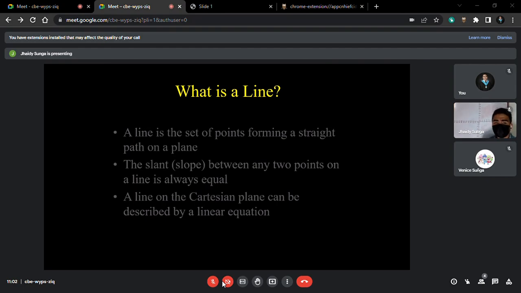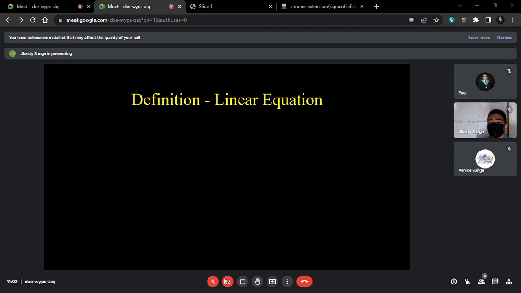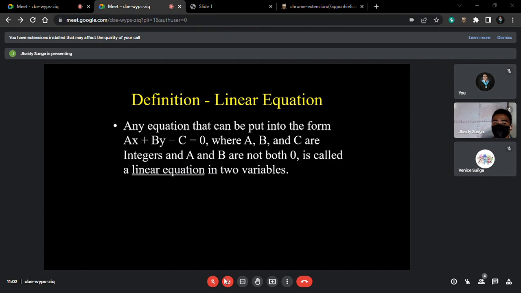A linear equation is an equation that can be put into the form, always remember this one, ax plus by plus c is equal to 0.